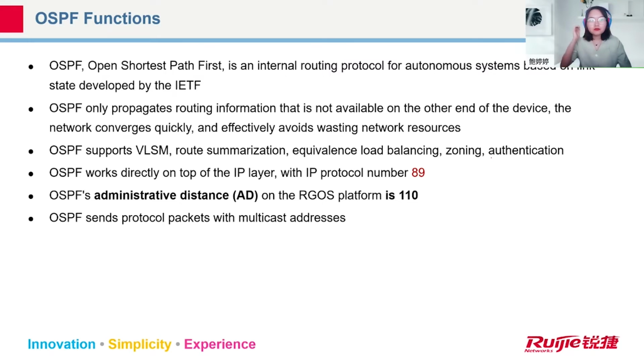For example, in your network, maybe you deploy BGP. BGP uses unicast messages for the neighbor relationship, but OSPF is multicast. About RIP, RIP version 1 uses a broadcast message, but version 2 uses a multicast message. So these are different details of these dynamic routing protocols. So this is OSPF function.